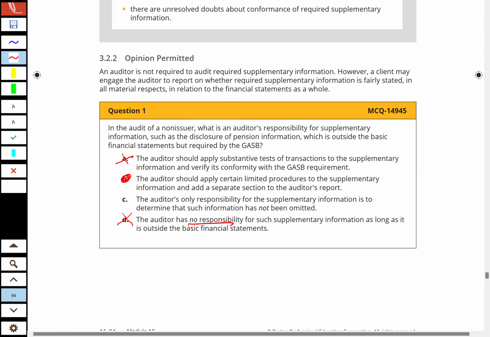You start applying tests when you're trying to give an opinion. So substantive test was the dead giveaway phrase that that's the wrong answer. The auditor's only responsibility is to determine that it has not been omitted? No, we even have to call it out in the report that it's there, don't we? So you have to apply those limited procedures.